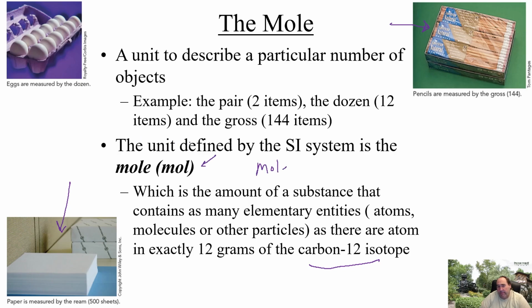And the abbreviation for a mole is MOL. They had to abbreviate it somehow, so they cut off the E. It's really important, because a very common mistake that a lot of people make is that when they see MOL, their minds jump all the way to molecules. That is definitely not the case.